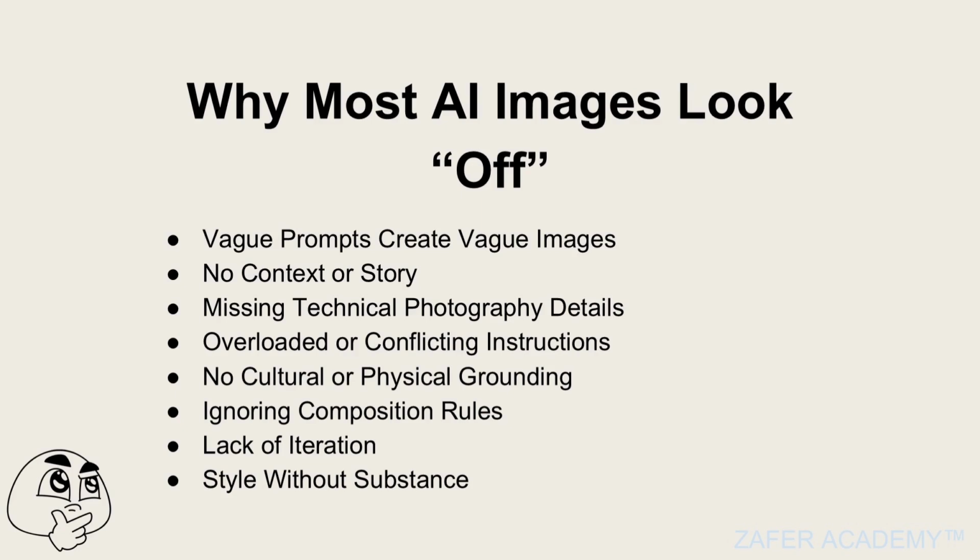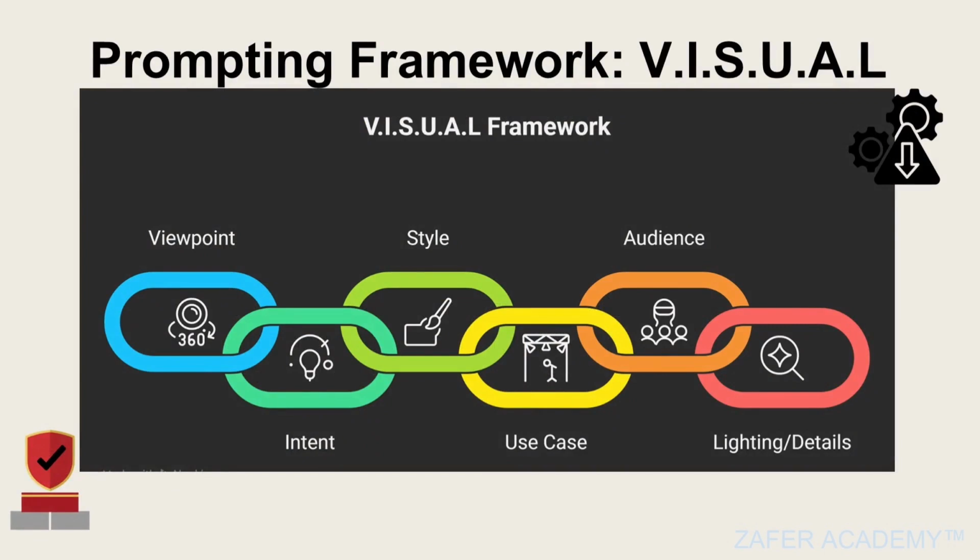Now let's look at the framework we're going to be building today. Our framework for today's lesson is the visual framework. Visual, since we're dealing with images and image generation, visual looks, right? So V stands for viewpoint. Where is this image going to be seen? Is this image going to be seen in a magazine? In a textbook?